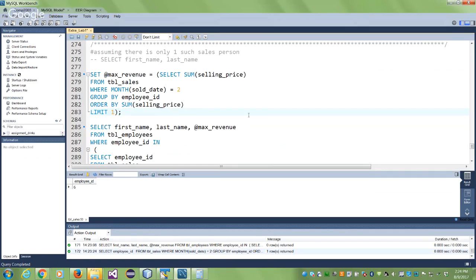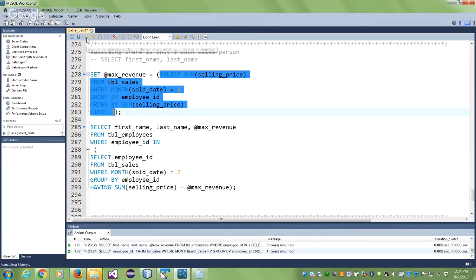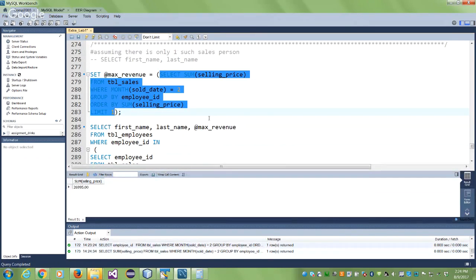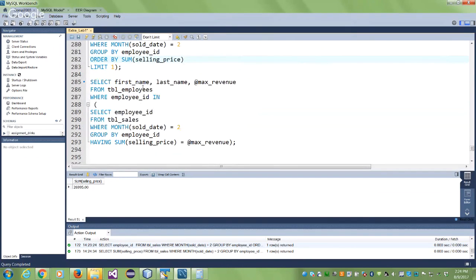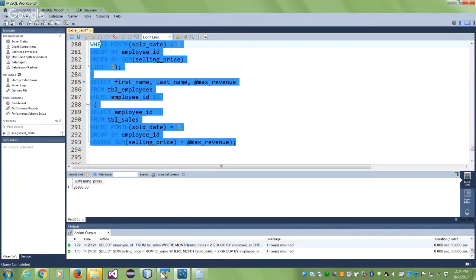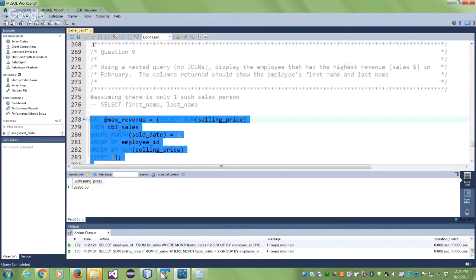There's nothing else we can do. Okay, let's try this. Do we have the maximum value? Let's see. Okay, so yeah, that was the right value, 26,995. Okay, once I have the maximum value, I want to pick up all those. Yeah, this will work now. Yeah. Same. Yep, okay. Yep, there it is.